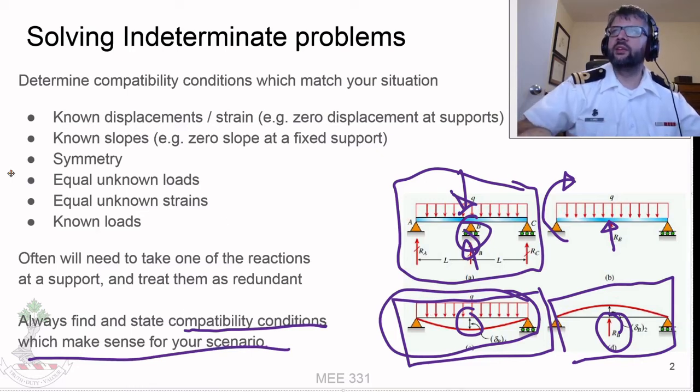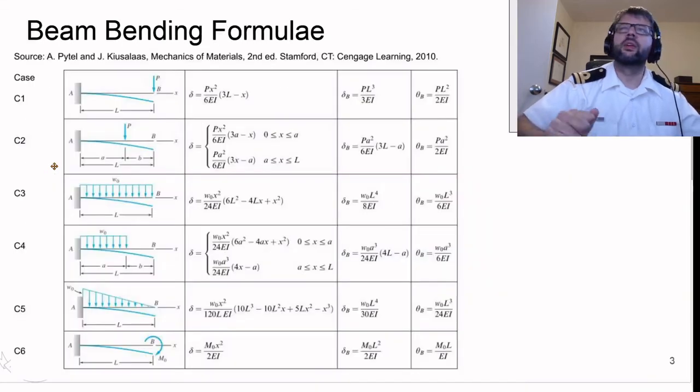So some of these, like when we're talking beams, we have these beam bending formulae, and I got a PDF listing these posted to Moodle. There's equivalent formulas in different textbooks.